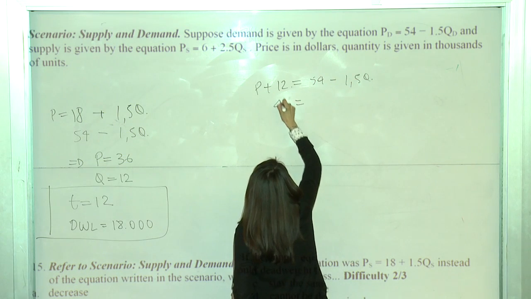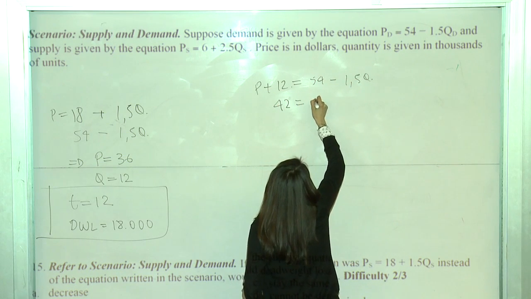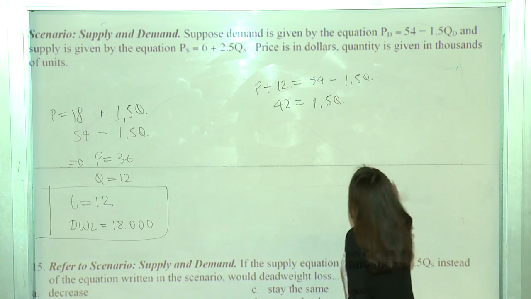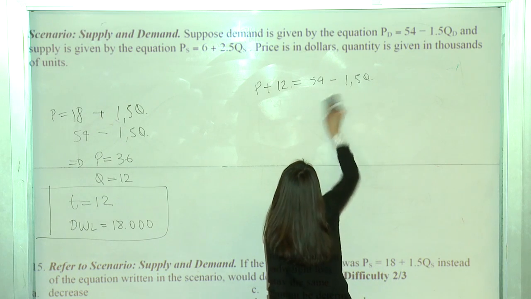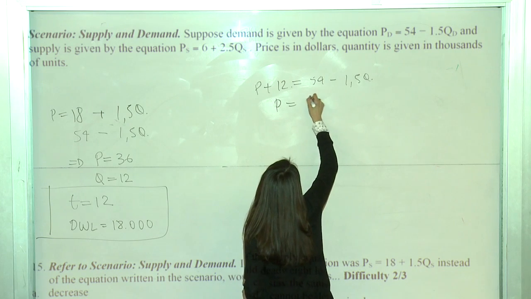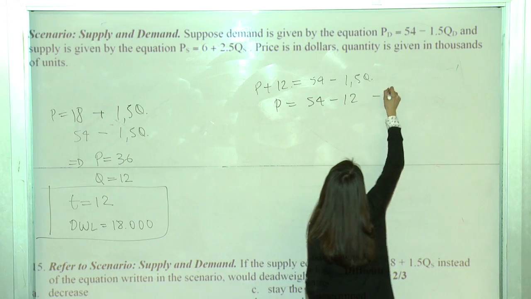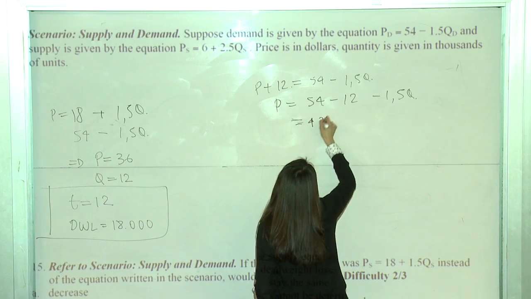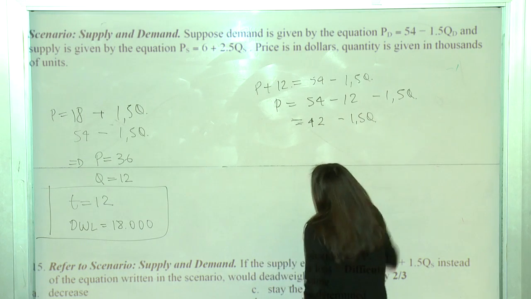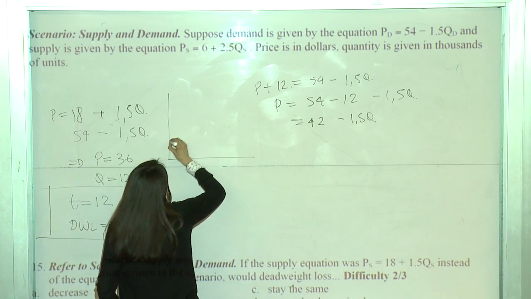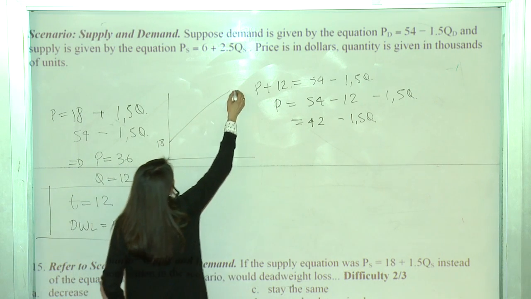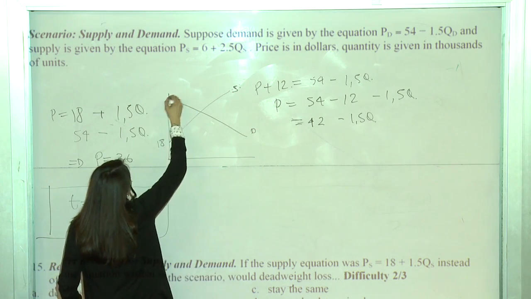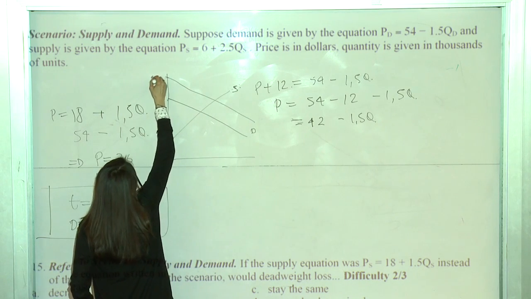Price is equal to 54 minus 12 minus 1.5 Q, which is 42 minus 1.5 Q. So what we have now is 18 here, the supply function, and the demand function, 54.